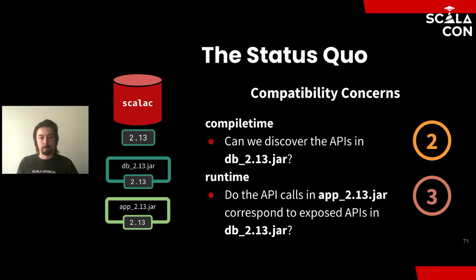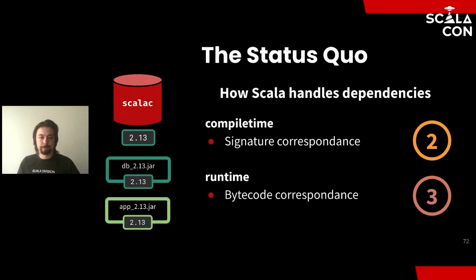But once we've produced the app jar, we then need the database jar again to actually call those methods at runtime. At runtime, what we want to know is whether the calls in the app jar actually match the APIs that are available in the database jar, because there's a translation to Java bytecode where the APIs are different from the source code.